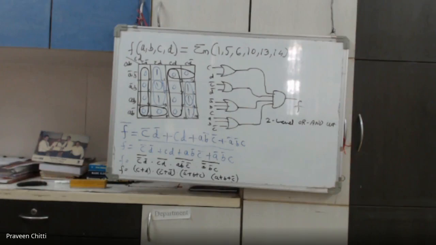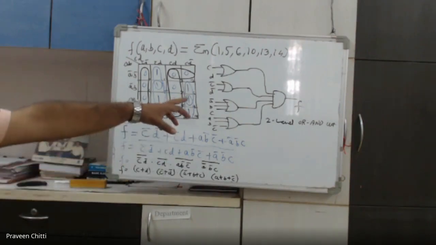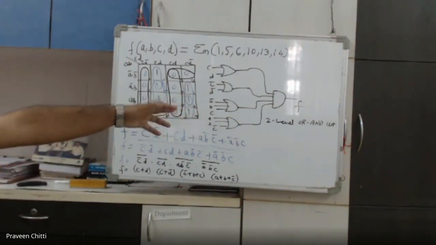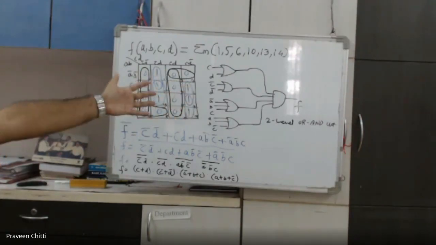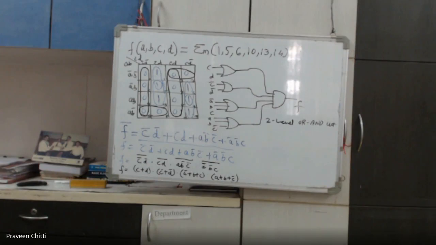You can see that the AND gate you have used has 4 inputs. So the fan-in of that gate is 4. But sometimes they may ask you to implement it using only 2 input or 3 input gates. In that case, you can't draw that circuit. So that's where you have to go for factorization.